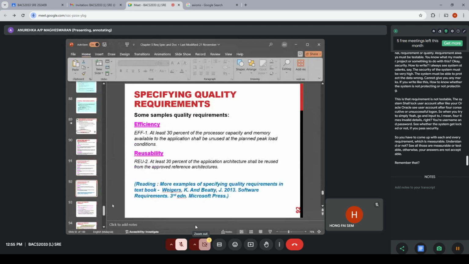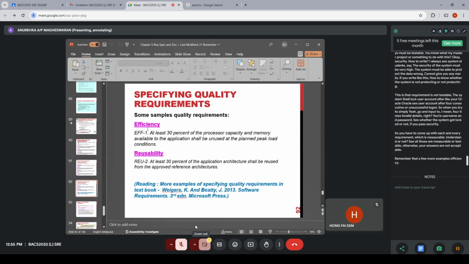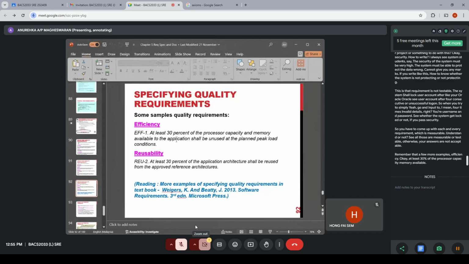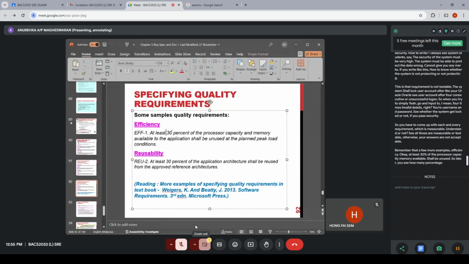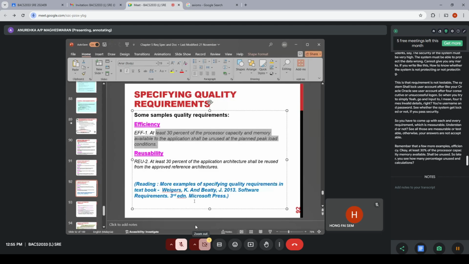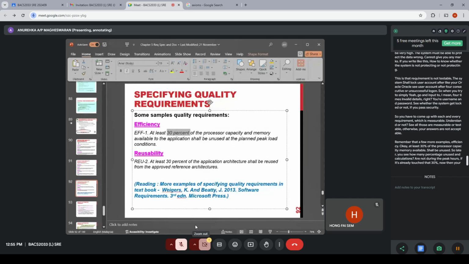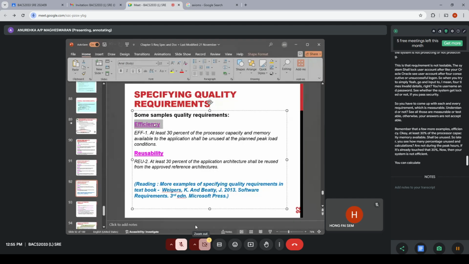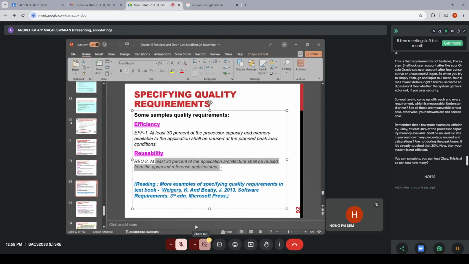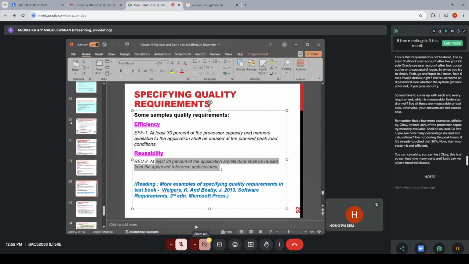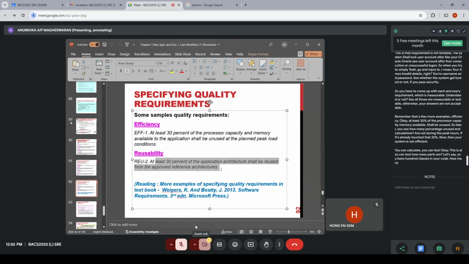Remember that. A few more examples. Efficiency: at least 30% of the processor capacity and memory available shall be unused during the peak hours. Later, you see how much percentage is unused and calculate. If it has already touched that 30%, then your system is not efficient. You can calculate, you can test. You can also test reuse: let's say you have 100 classes in your code, how many classes can be reused?